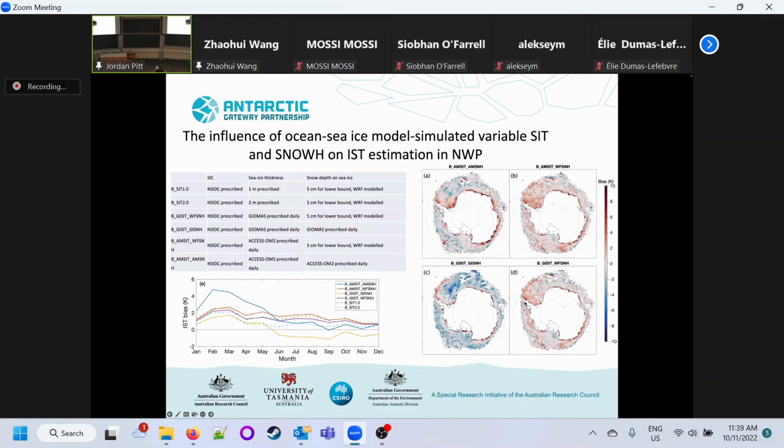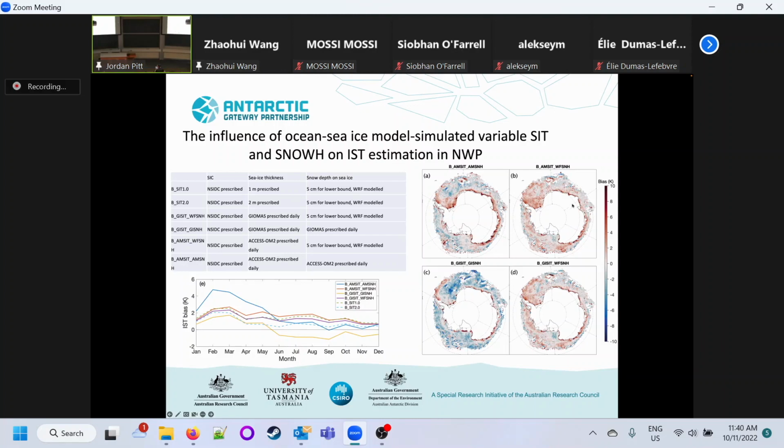Then we are interested in the influence of ocean sea ice model simulated ice thickness and snow height on the ice surface temperature estimation. The right two panels are PolarWRF simulations only including the ice thickness from the ocean sea ice model simulation.